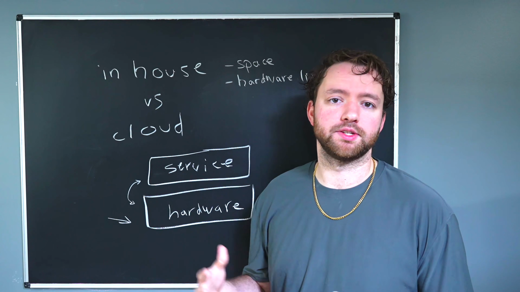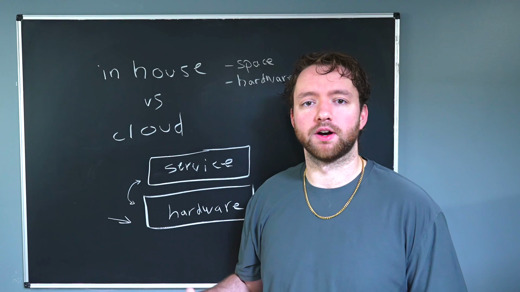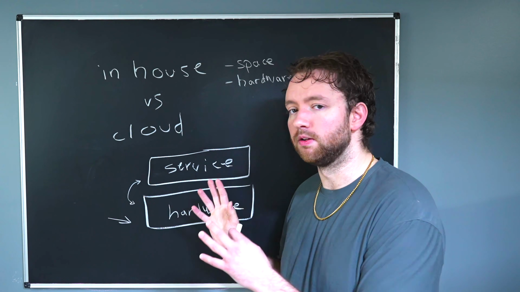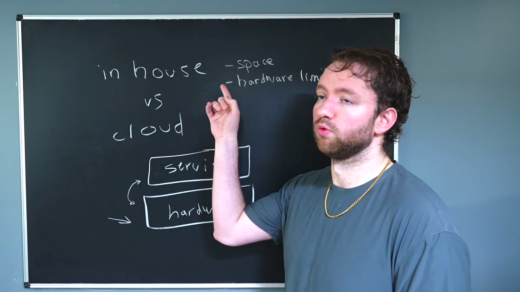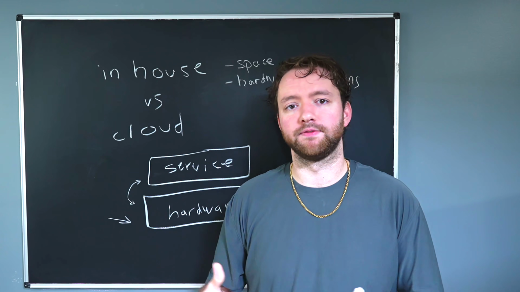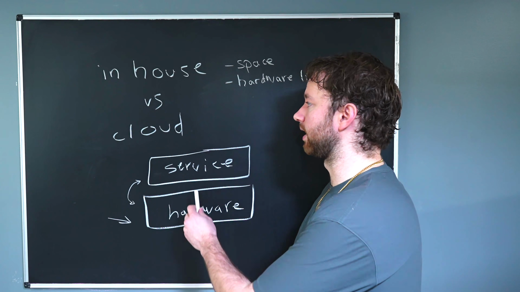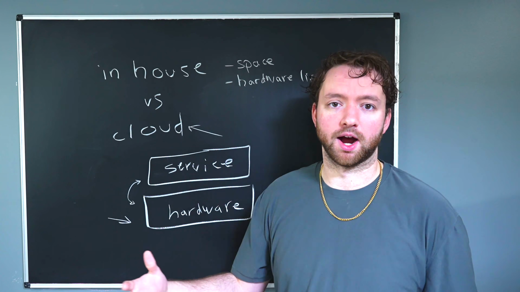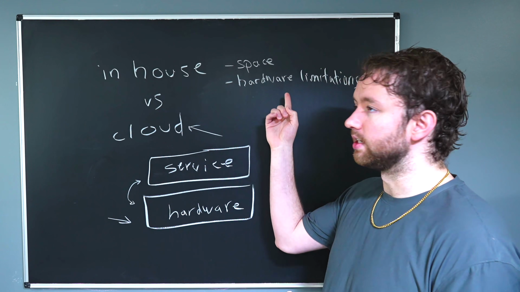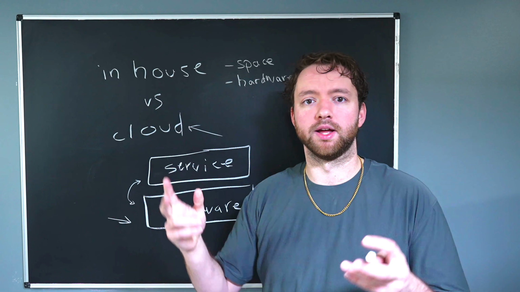And if you're just getting into system design and you don't understand all of the details of this, that's totally fine. I'm just putting this at the beginning for those of you who are running things in-house, just to keep that in mind as I explain the different concepts in this video. I'm mostly going to be teaching from the perspective of a cloud environment. So you'll just need to keep these things in mind when you are talking about in-house or on-prem setups.